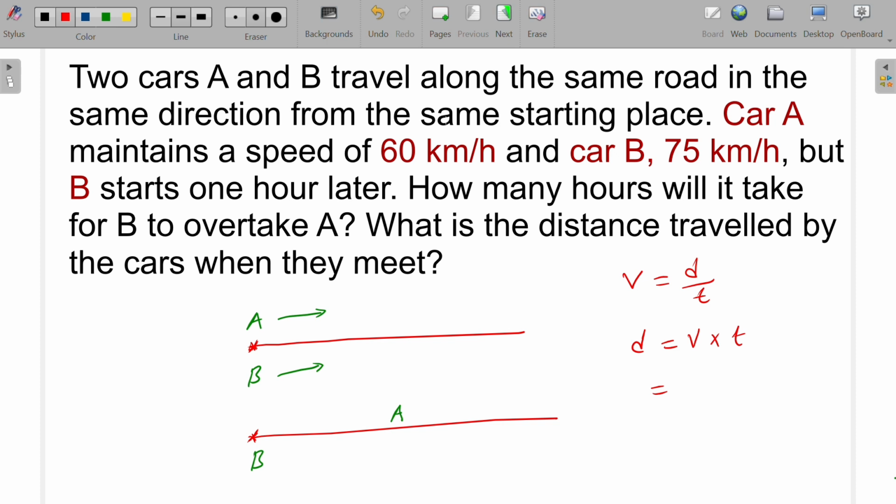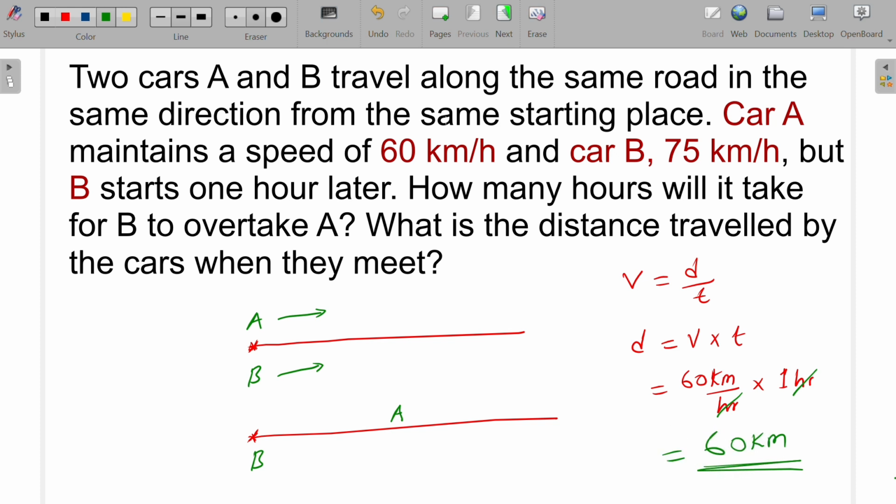So replacing with that, we have 60 kilometers per hour multiplied by the time it has used, which is 1 hour. All right. So from what we have here, we can see the unit of hour and hour are going to cancel, and our distance will be in the units of kilometers. So 60 kilometers is the distance we are finding. And this is the distance that car A has covered before car B started moving.